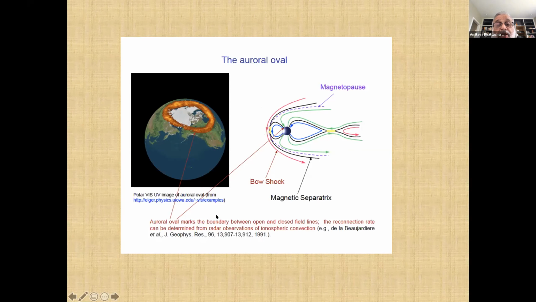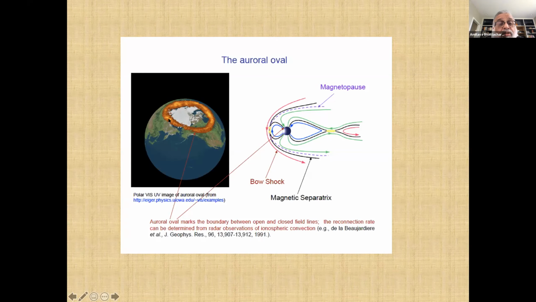What is interesting is that the auroral oval that you see here marks the boundary between open and closed field lines. We call these black lines closed lines. And these are open lines in the sense that they're anchored on the ionosphere, but they go out to infinity. And so what you see is the boundary between open and closed field lines.